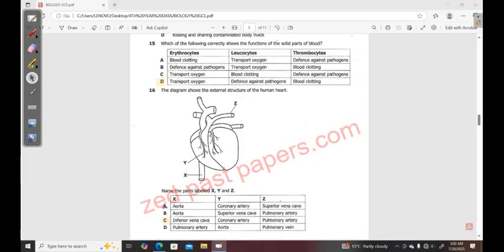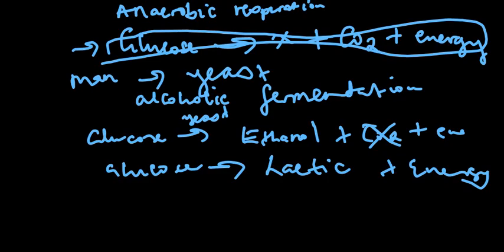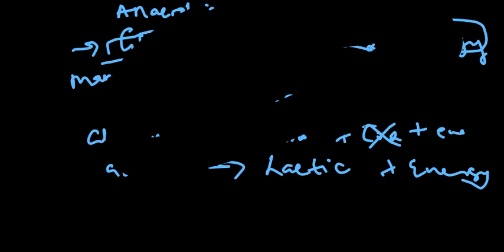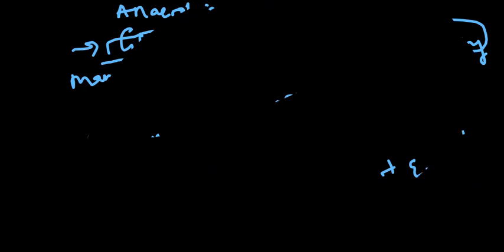Question 15. Which of the following correctly shows the functions of the solid parts of blood? So we have your erythrocytes, leukocytes, and your thrombocytes. These are basically the scientific names of red blood cells, white blood cells, and platelets. Okay, we can get rid of this. So what we have here, your leukocytes.